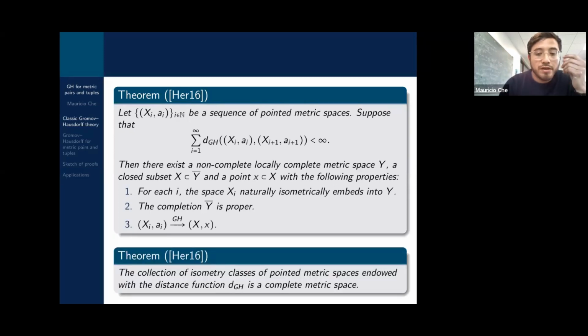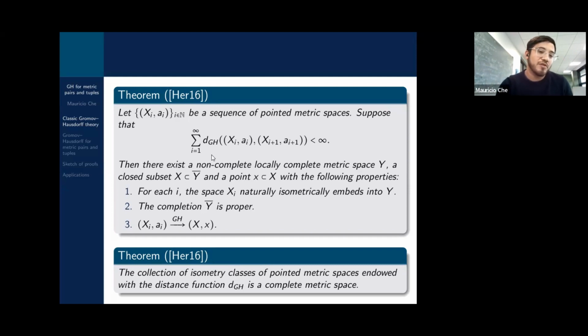And we also have the following result, that the space of pointed metric spaces with this Hausdorff distance is a complete metric space. We have the same results also for the Gromov distance in the case of compact metric spaces.